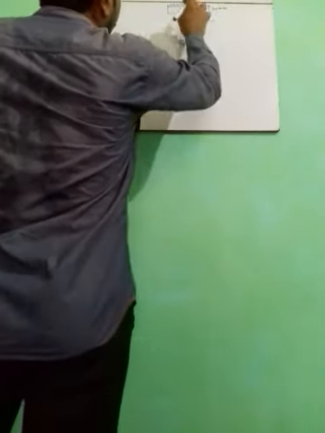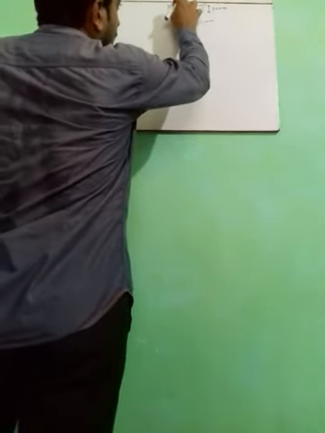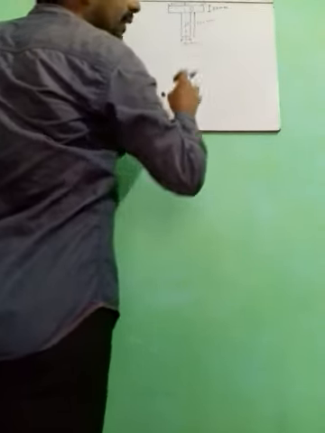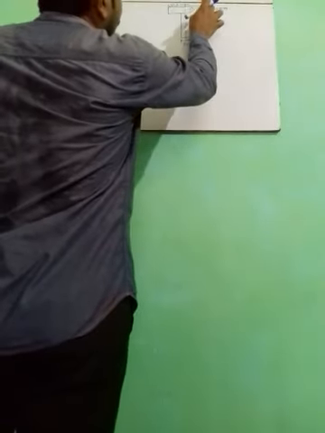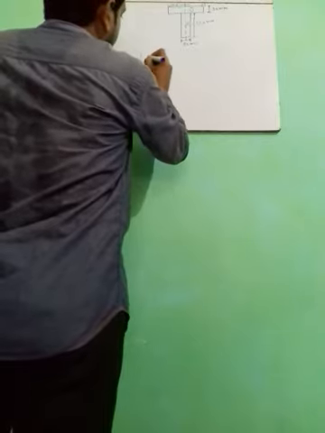This will be Ig1, the moment of inertia of this figure about the CG of this figure and parallel to the x-axis.